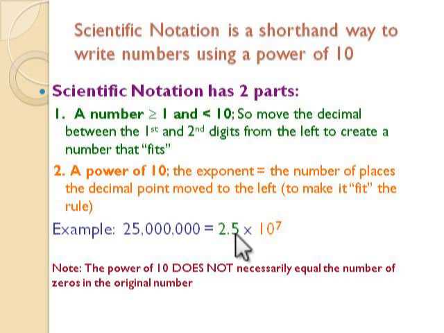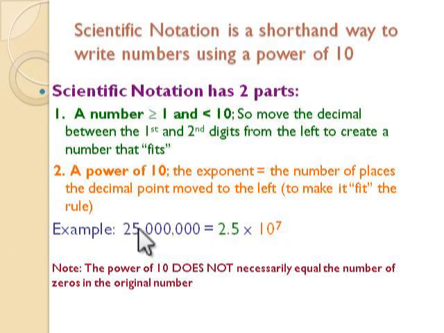The second part of scientific notation is a power of 10. So how do you know what power to put here? Very simply, when you put the decimal here, how many places are behind that decimal?